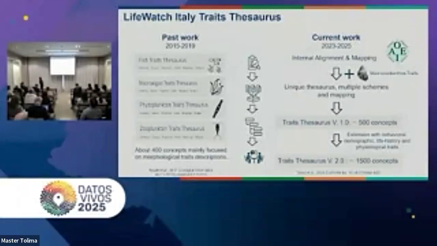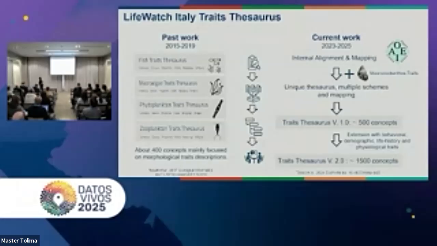And we did it by an alignment process among the different concepts used in the separate thesauri. What is the result? The result was that in 2024, we published the first version of the trait thesaurus with about 500 concepts that include also macrozoobenthos traits.